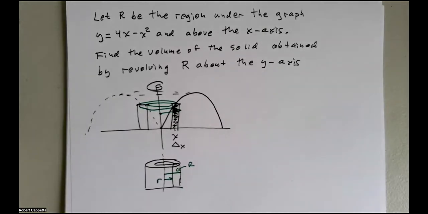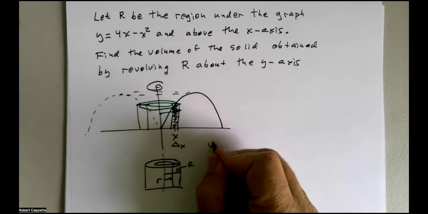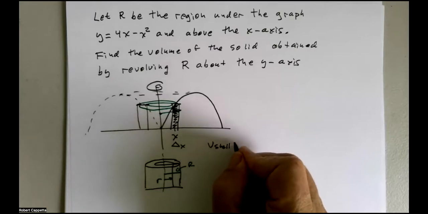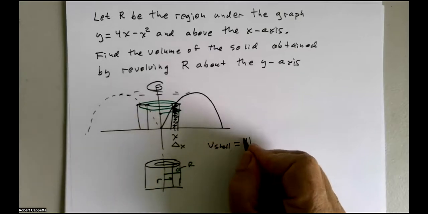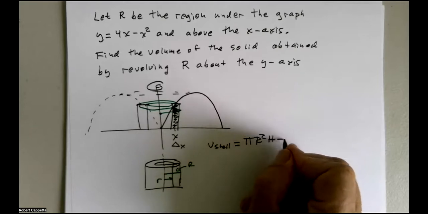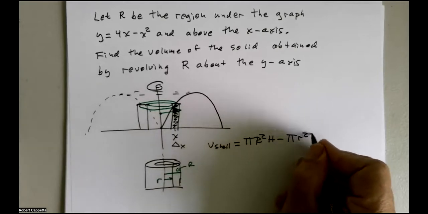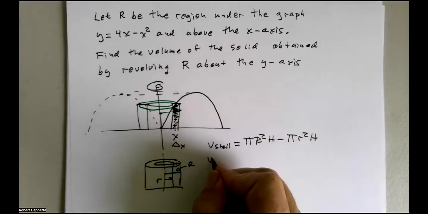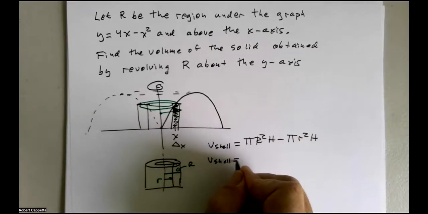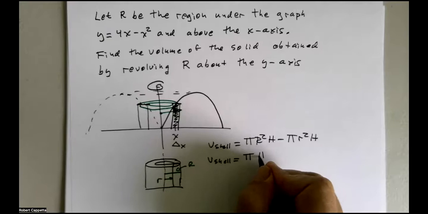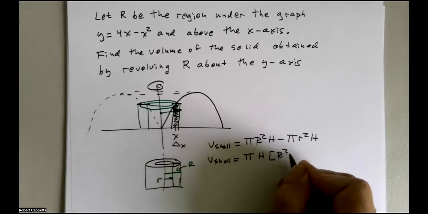And the volume of that shell, what will the volume of that shell be? The big cylinder minus the small cylinder: pi big R squared h minus pi little r squared h. And what do we get? Factoring out the pi h, big R squared minus little r squared.